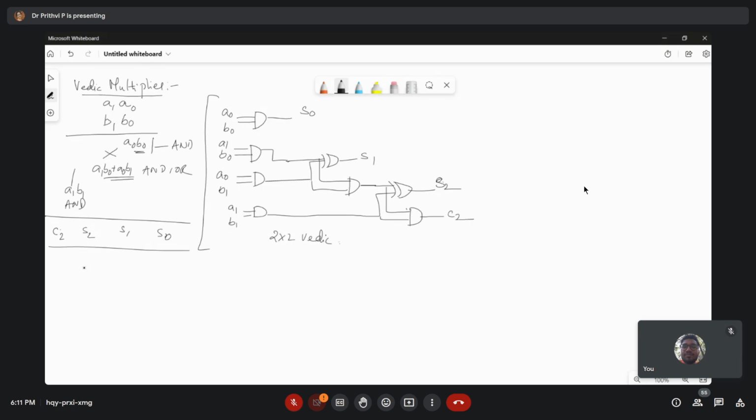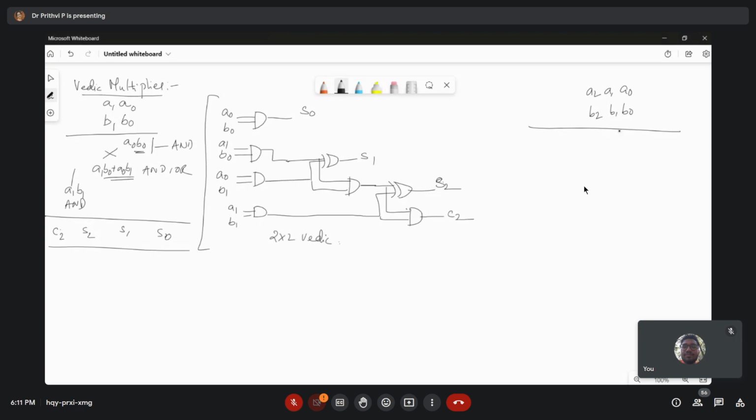Now if this is extended to 3-bit, okay, what will be the increase in your complexity? A1, A2, B0, B1, B2. Okay, you can define these things as in these steps.